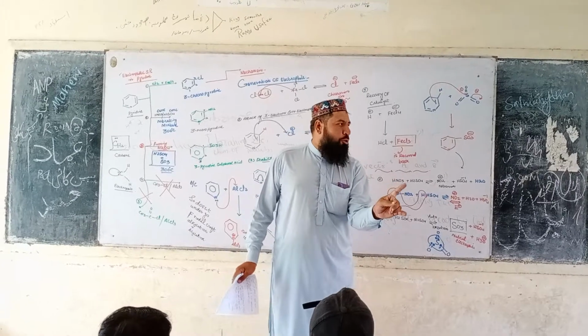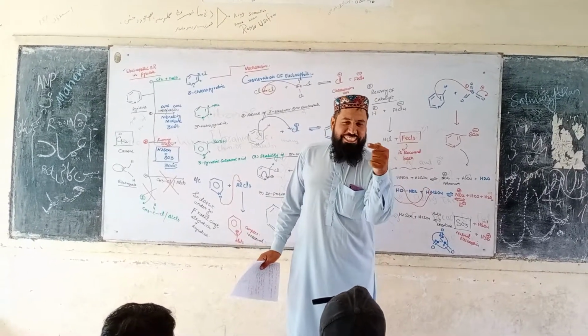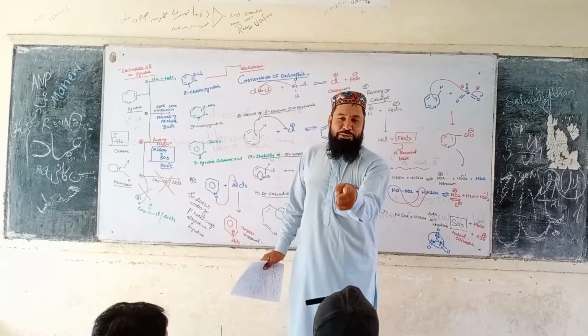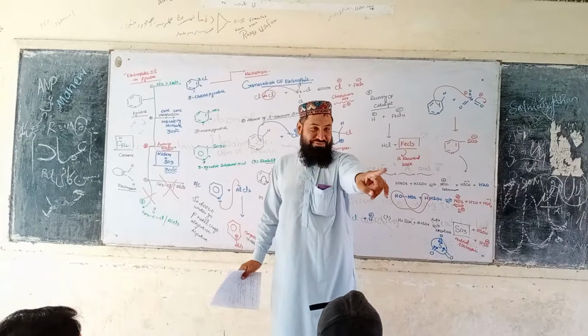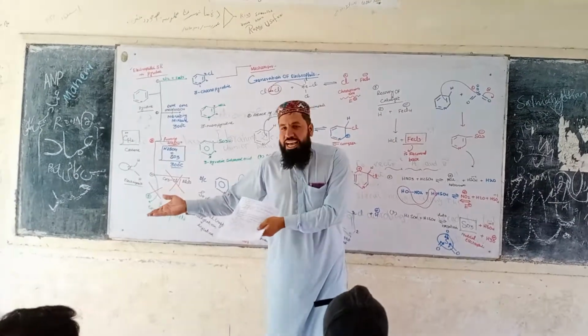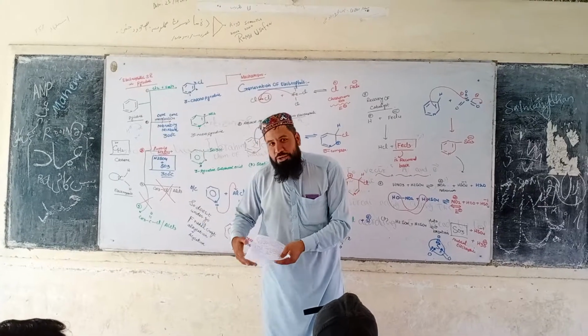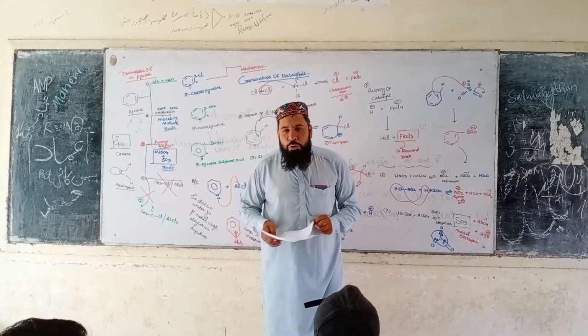UV visible spectroscopy causes electronic transition in the molecule, so it is also known as electronic spectroscopy. What does IR do with an organic molecule?